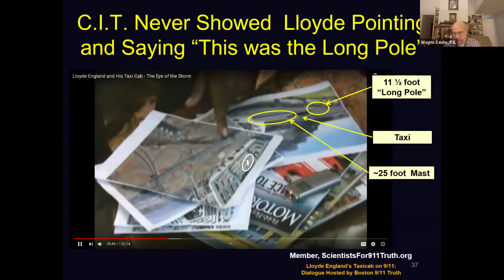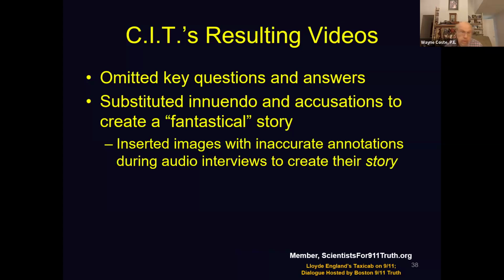Confused, no one knows what they're talking about, and you can get the timestamp from the picture at the bottom. And so the resulting videos omitted the key questions and answers, substituted the innuendo, and created a fantastical story, inserting images with inaccurate annotations during audio interviews to help create their stories.